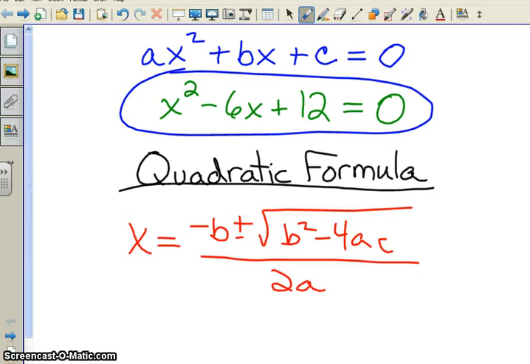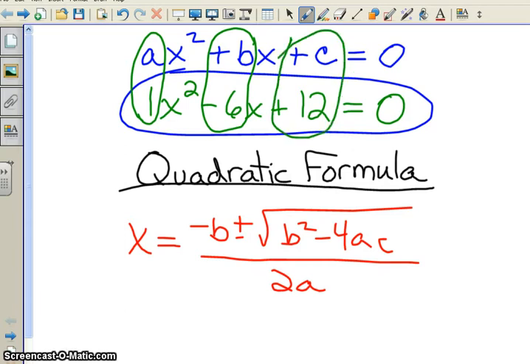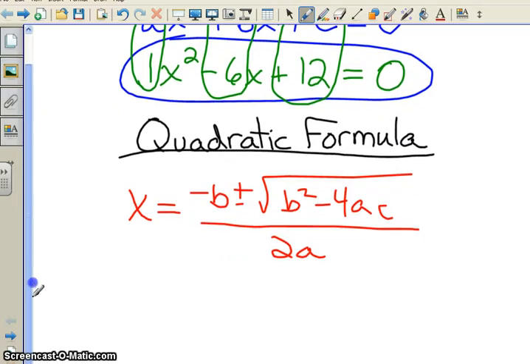So in this particular quadratic equation, a would be 1, b would be negative 6, and c is positive 12. And I'm going to leave the x's out there.